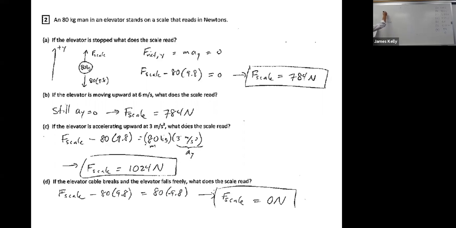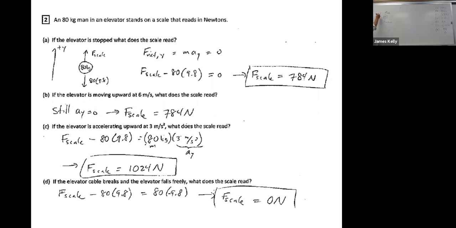And then what we're asked for is how hard she's pushing down on the scale. That's going to be the same as the magnitude of the scale force on her. So I'm just going to write that as F scale, how hard the scale is pushing up on her. You could have written it as Fn for a normal force. It is a normal force from the scale, but maybe this is more descriptive. And I don't see any other forces in this problem.